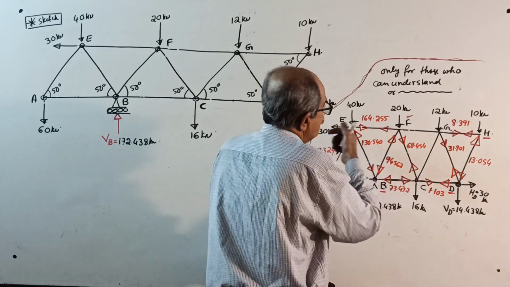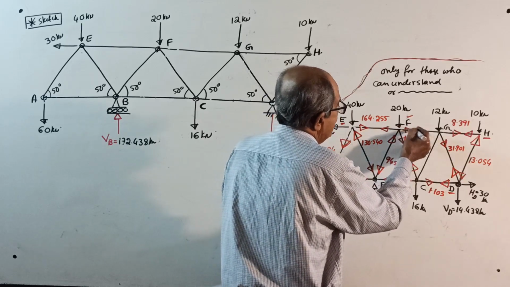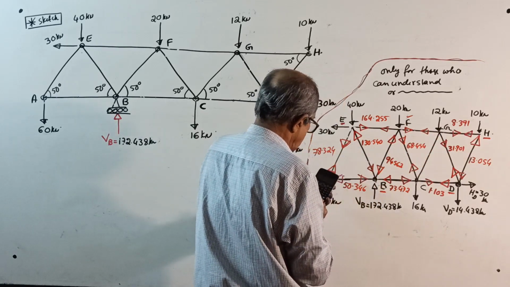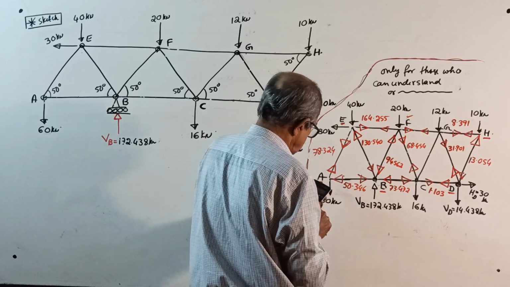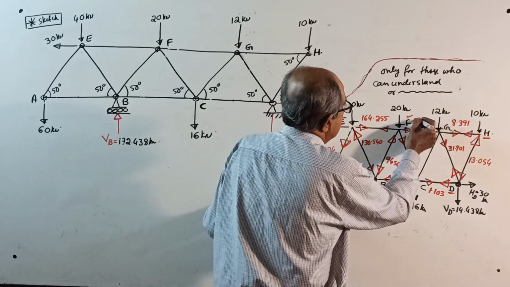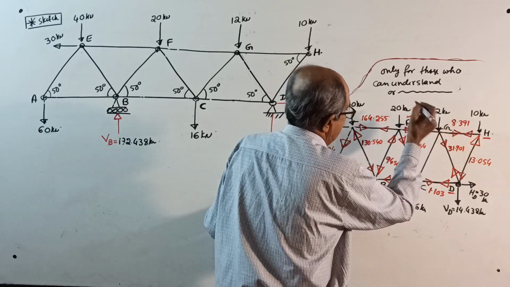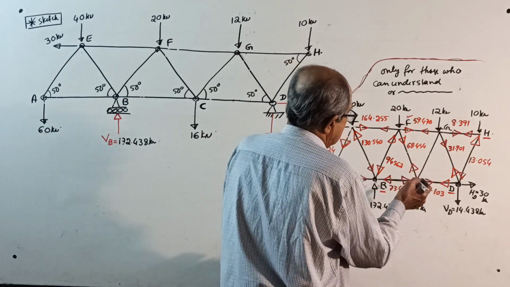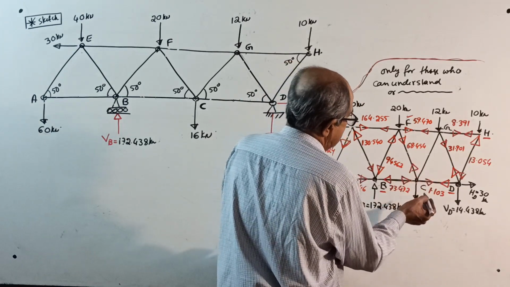This is 164 this way. So I require this way whatever I got as component here, remove: 164.255 minus 104 gives 59.470. This is the force. Okay, now lastly I will go to joint C.